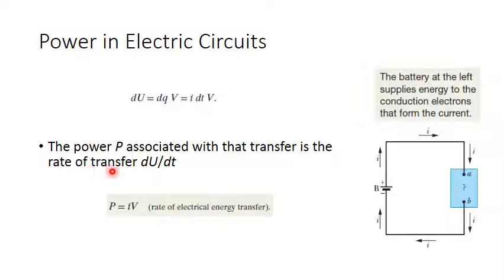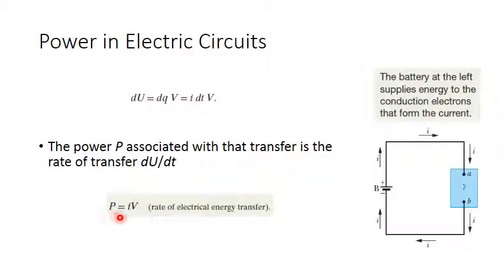Now, the power associated with the transfer rate is delta U over delta T. So the power is the energy per time. So the definition of power is the rate of change of energy. So delta U over delta T is the power.